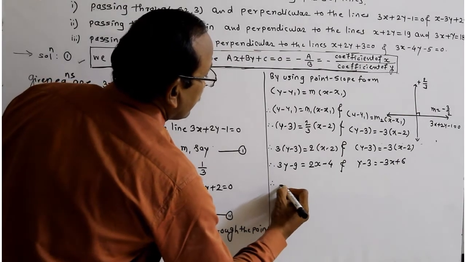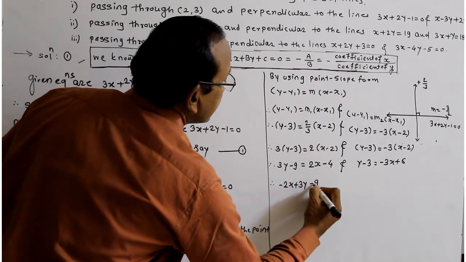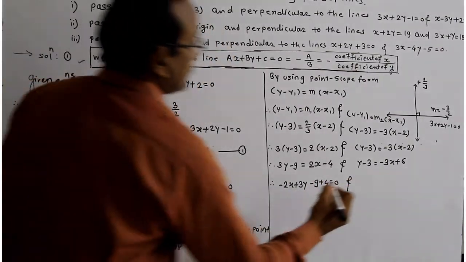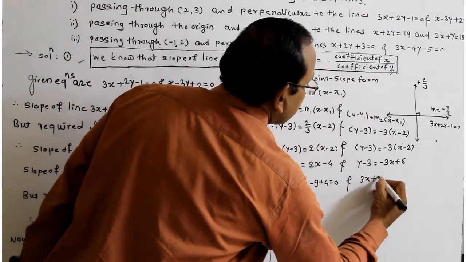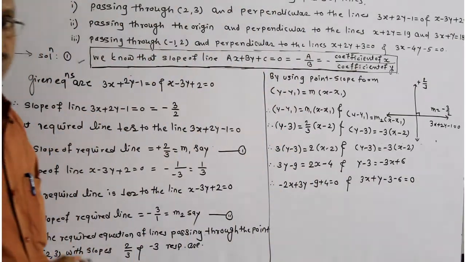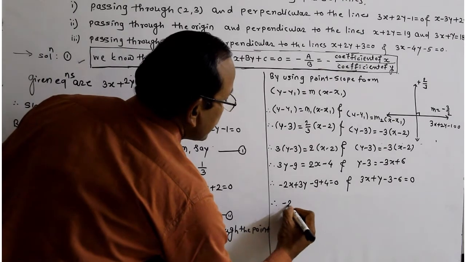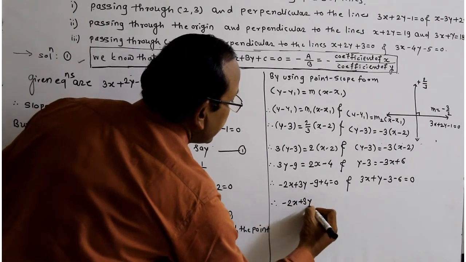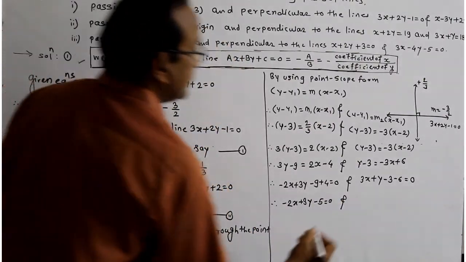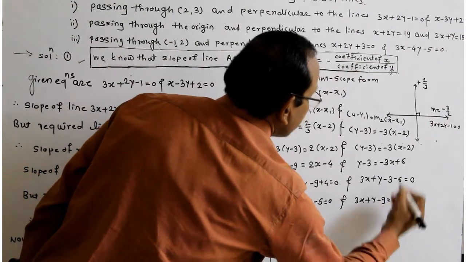So minus 2x plus 3y minus 9 plus 4 is equal to 0 and 3x plus y minus 3 minus 6 is equal to 0. Now we write minus 2x plus 3y minus 5 is equal to 0 and 3x plus y minus 9 is equal to 0.